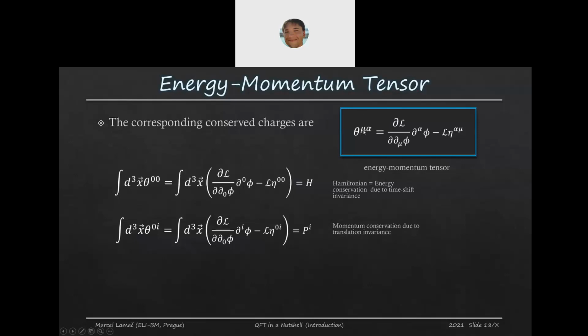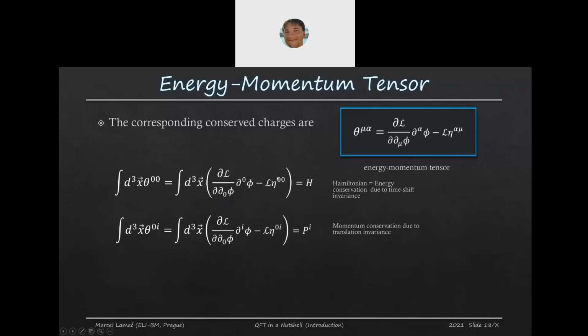Then, since we have an additional index, the index alpha, there are four conserved charges related to this energy-momentum tensor. First, we calculate the zeroth choice, which is when we set alpha to 0. Then we simply plug it in, and we see that this is the partial derivative of the Lagrangian with respect to the time derivative of the field, multiplied by the time derivative of the field, the configuration velocity, minus the Lagrangian density.